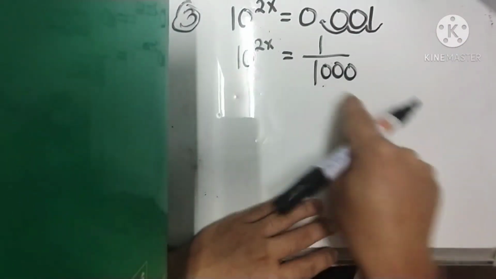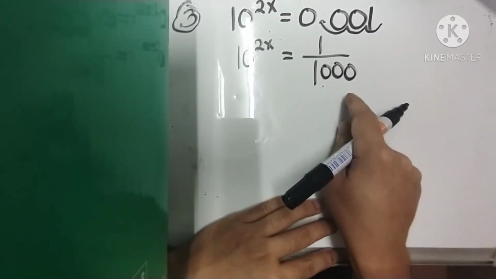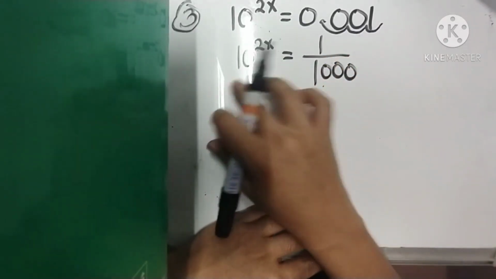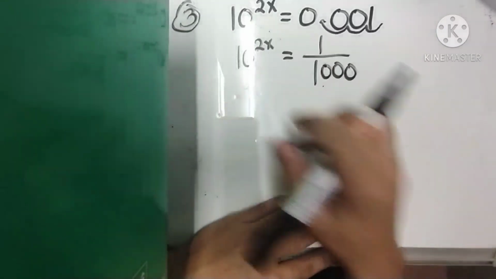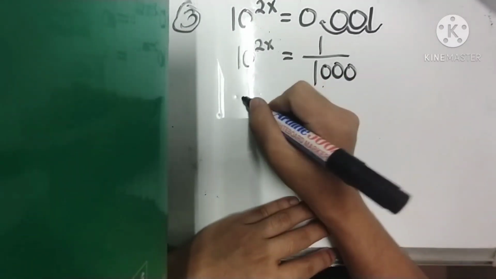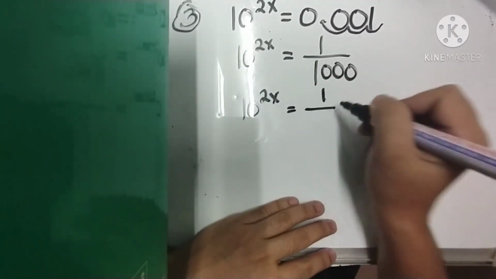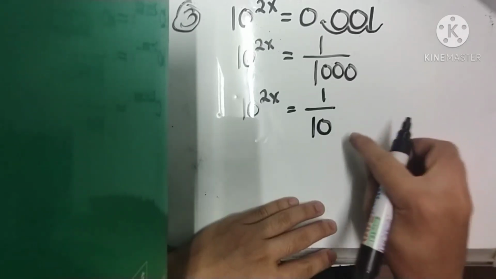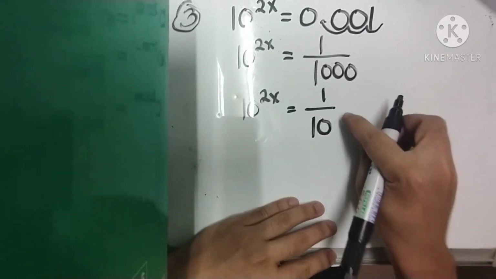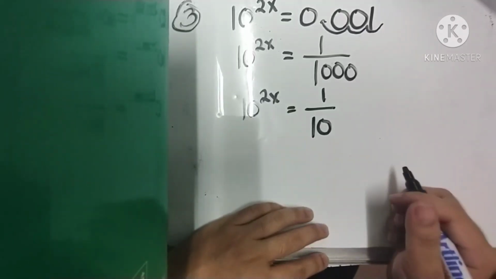Okay, so we need to identify which of these numbers is the smallest. Based on the presentation, 10 is the smallest number. So therefore, 10 will be our base. So 10 to the power of 2x is equal to 1 over 10. Now, we need to find the exponent of 10 to make it 1,000.